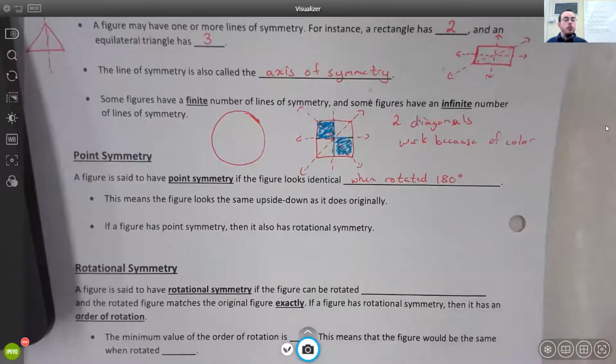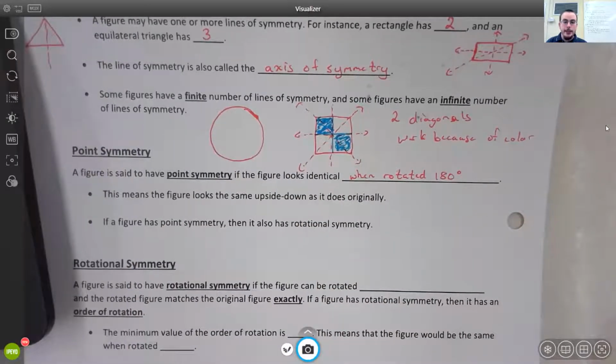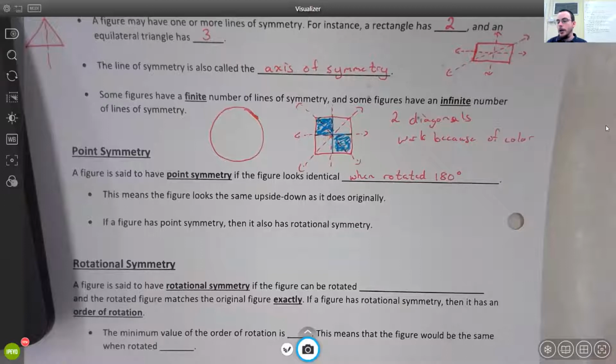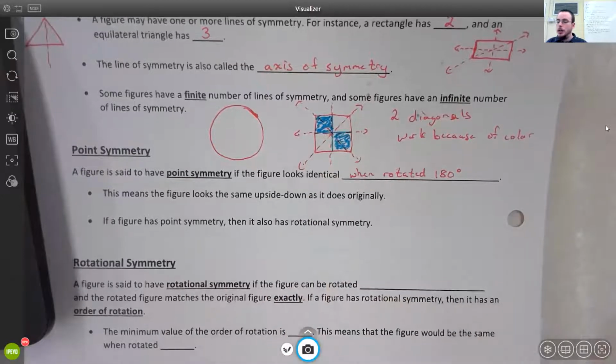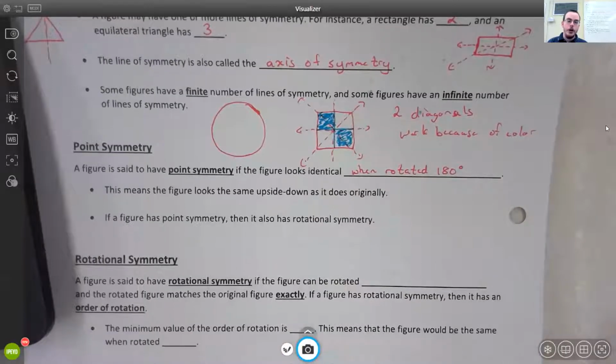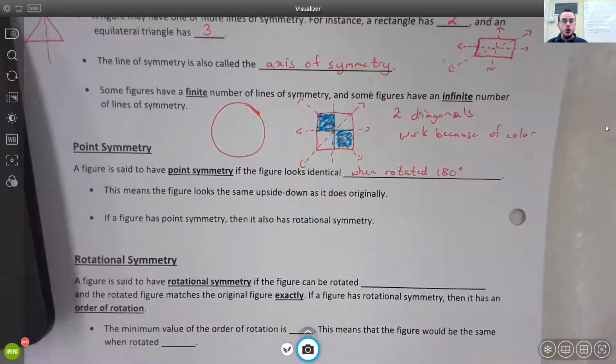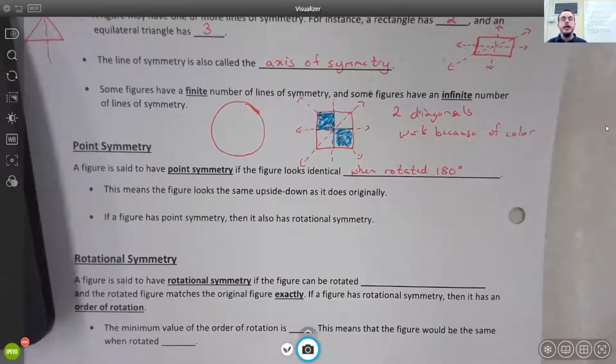A square would look exactly the same. A circle would look exactly the same. Even this square with the colored in circles, or squares, would. Okay, but something that wouldn't would be something like a triangle or a pentagon.